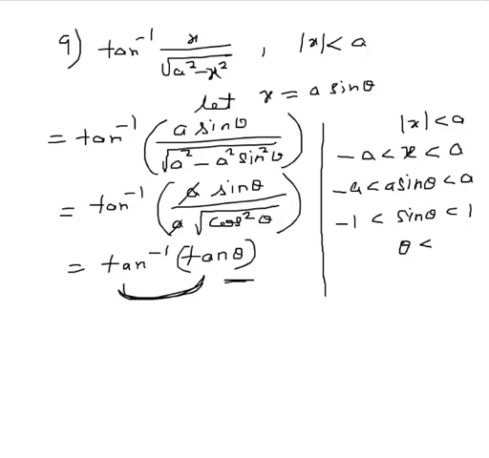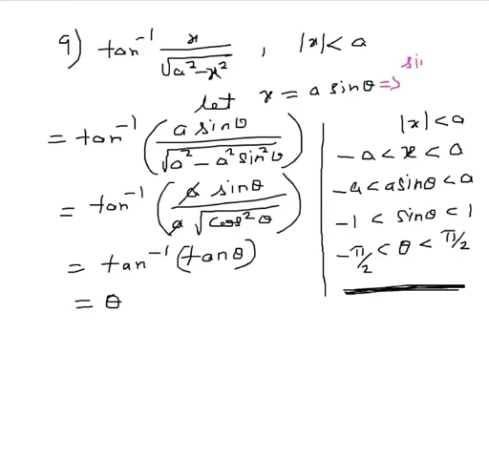Sine inverse of 1 is 90, sine inverse of minus 1 is minus pi by 2, which is the principal value branch of tan inverse. Therefore, we can cancel tan inverse and tan. It becomes theta. Now see this. From this, sine theta is x by a. So theta will be sine inverse of x by a. The answer becomes sine inverse of x by a.